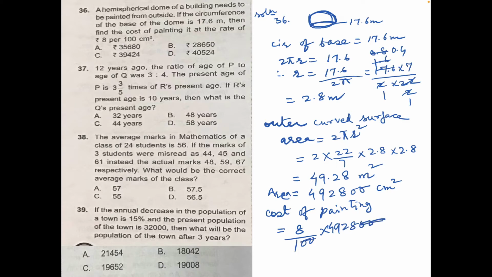So this is cancelled, and what I'll get is, 8 2s are 16, plus 6, it will be 22, 2 carried, 8 9s are 72, plus 2, 74, 7 carried, 8 4s are 32, 32 plus 7, it will be 39. It is 39,424. So option C is the correct answer here.